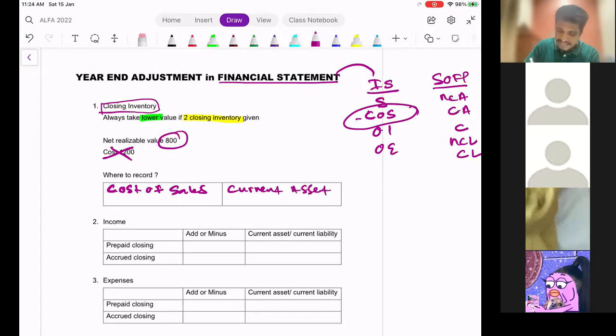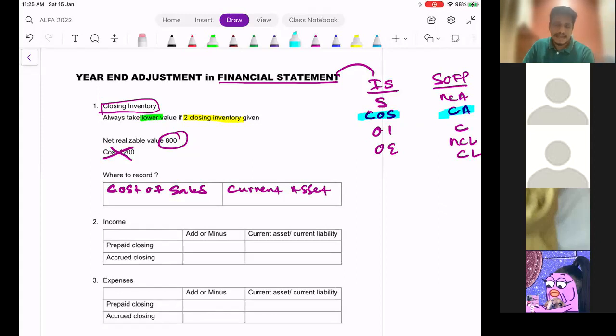So these are the two places that we record the closing inventory: one in cost of sales, another in current assets. Both places are closing inventory.